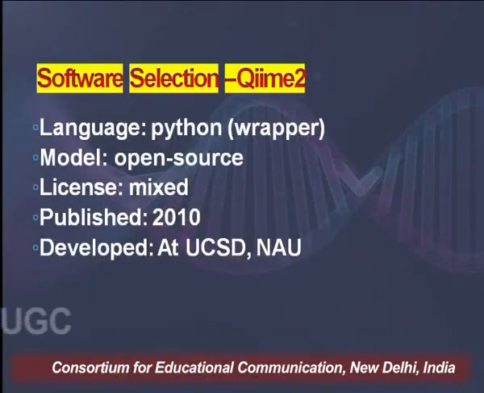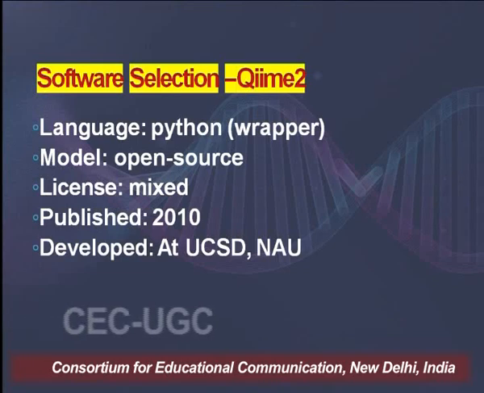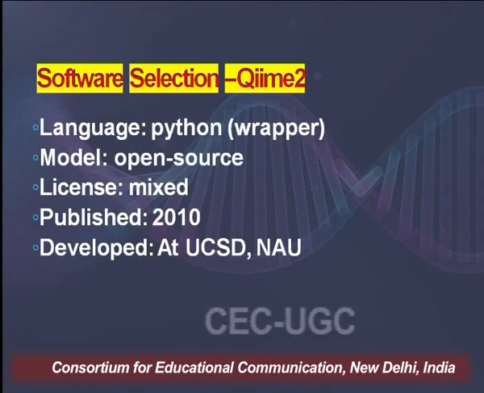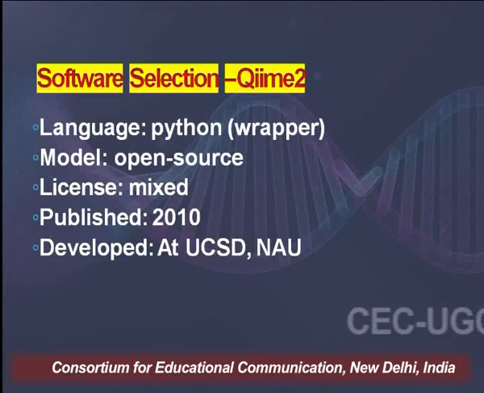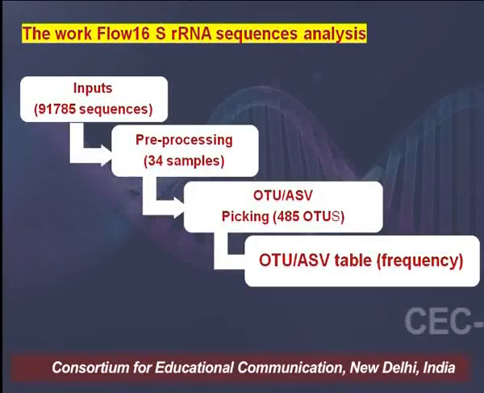It's open source, and the University of California San Diego has developed it along with Northern Arizona University. Those people are still very active, and they have a very good community network to solve whichever problems you have. So these are the several steps in metagenomic data analysis, which we'll be doing one by one in the next section. Thank you very much for your patient listening.